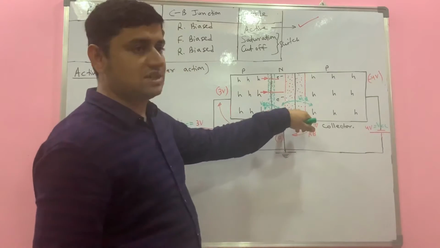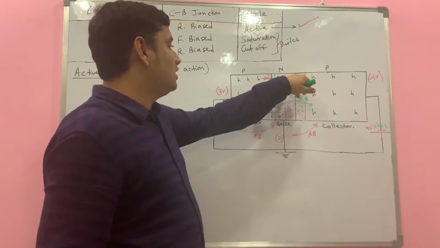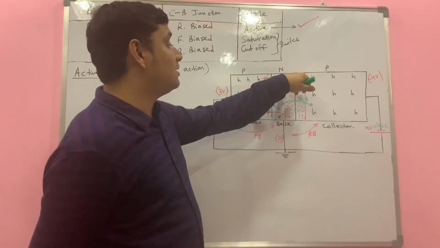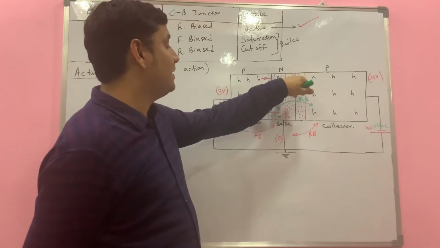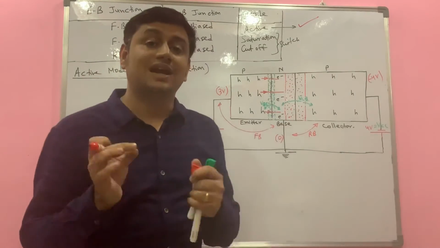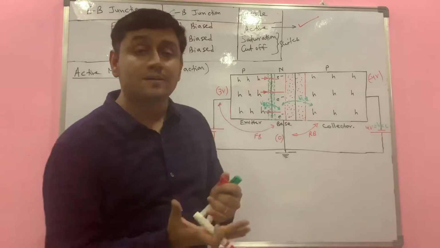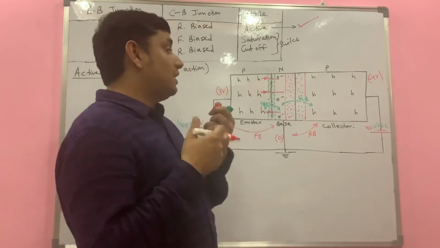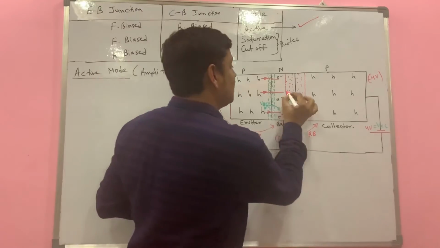Once they cross and reach here, they should combine with the electrons, but the number of electrons is very less, so they cannot combine totally. Because the base is thin as well as very lightly doped, most of the holes that reach here would not find anything to nullify. So they are left with only one option, that is to cross it.